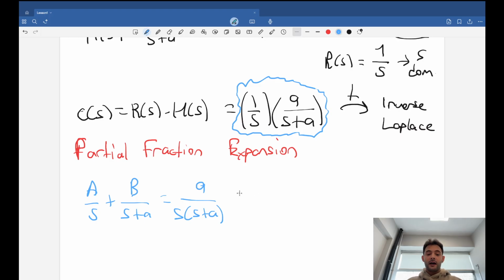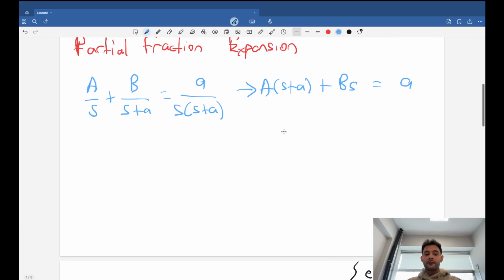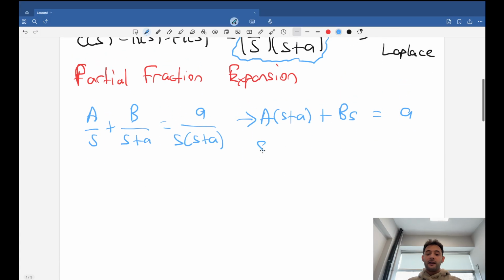So let's do it. I equate all the denominators and I will have A times (s plus a) plus B times s equals a, right? Let's find A and B separately. Let's write s equals 0, the B part is gone, and I can say A times a is a.